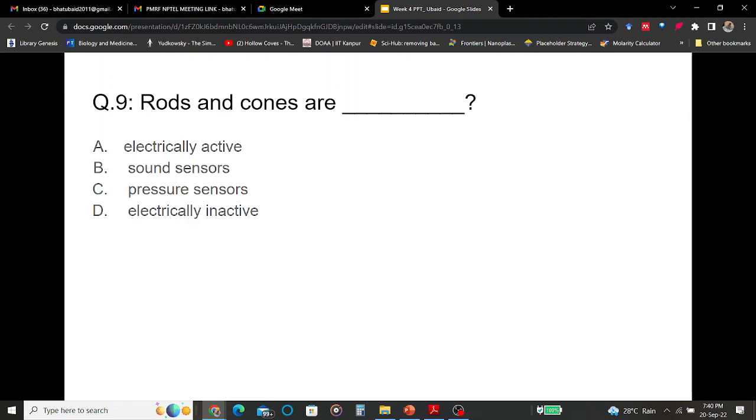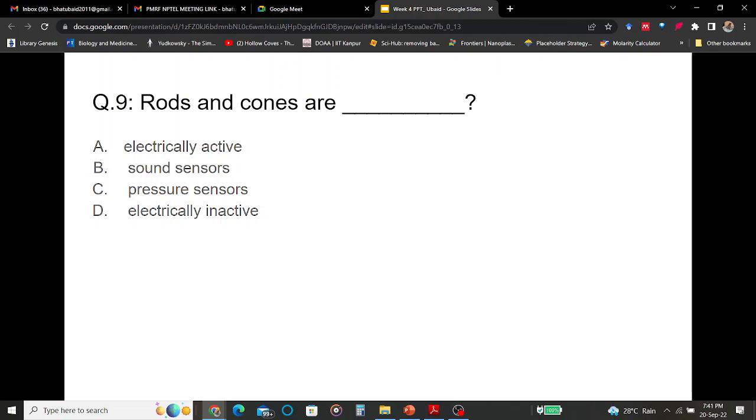Now moving to the next question, which is also related to rod and cone cells. The question is: rods and cones are electrically active, sound sensors, pressure sensors, or electrically inactive. The answer is very simple: rods and cones are electrically active, because the light signal is converted into an electrical signal, which is then analyzed.